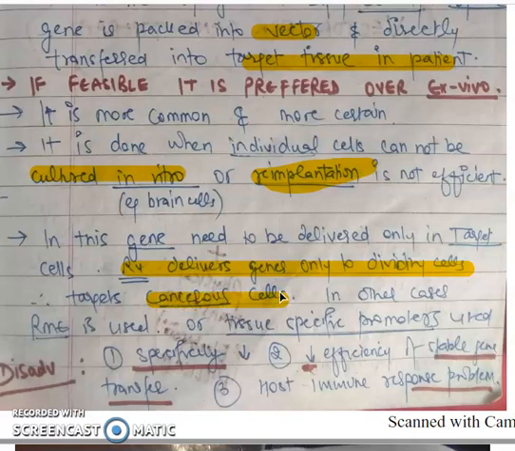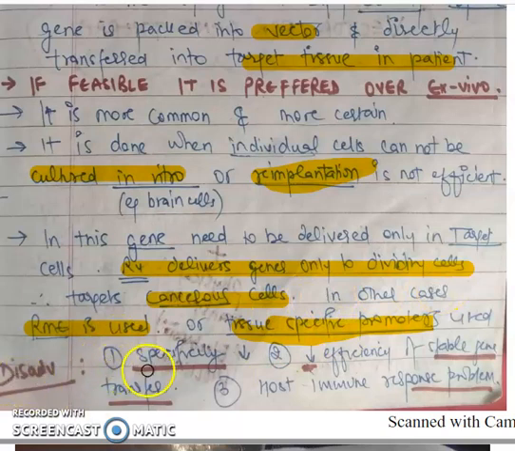But in other cases, we are doing improvements, like we can go for receptor mediated endocytosis, or we can attach tissue specific promoters to our therapeutic gene, so that these genes are expressed only and only in the target cells or tissues. This is how we can improve the in vivo gene therapy approaches.